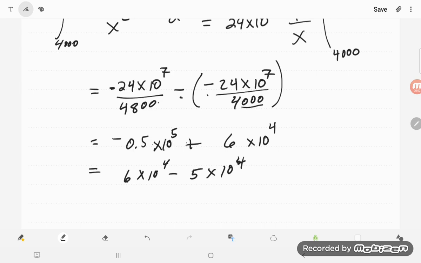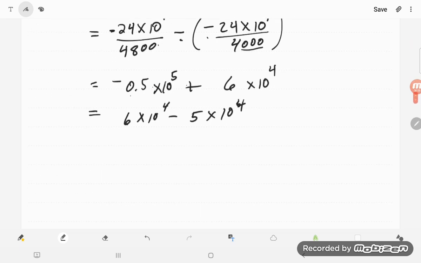So I just changed the 0.5 to a 5 and made that 10 to the 4th. And so that's just 1 times 10 to the 4th, or 10 to the 4th, 10,000. So it says the work done is 10,000.